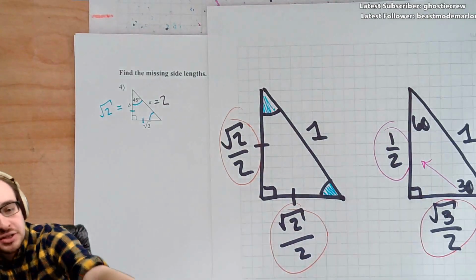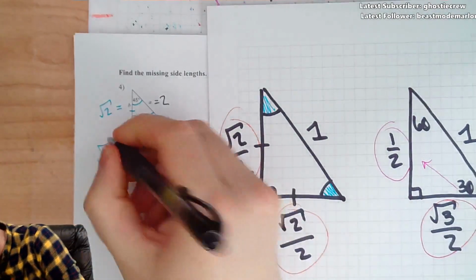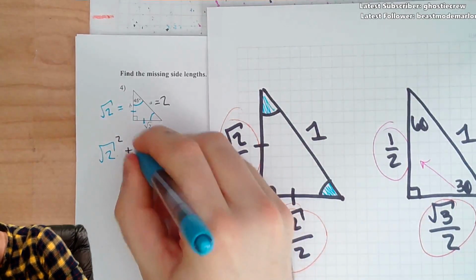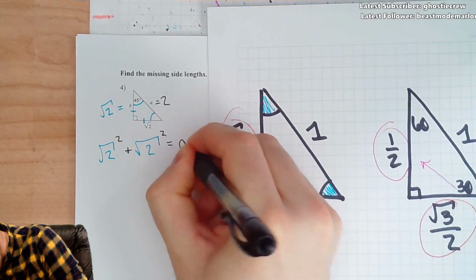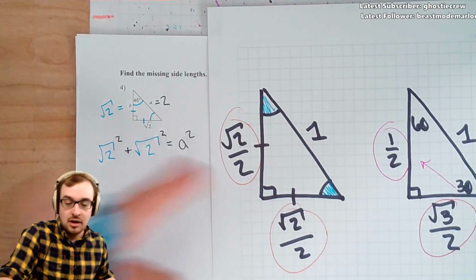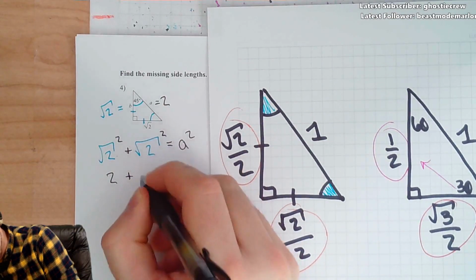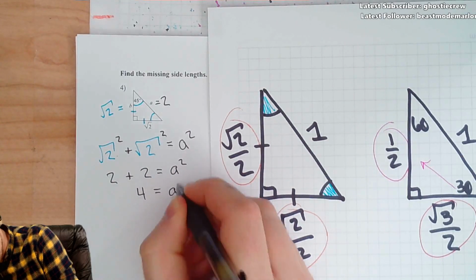You could also do Pythag if you get lost, right? And do root 2 squared plus root 2 squared equals A squared. We don't know what A is, right? Root 2 squared is just 2. So 4 equals A squared.